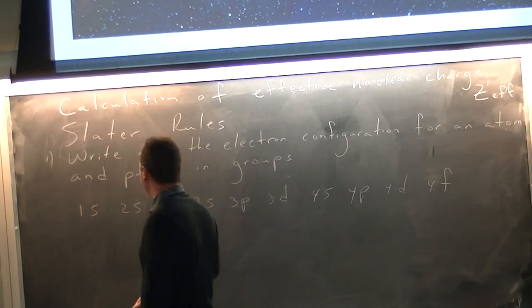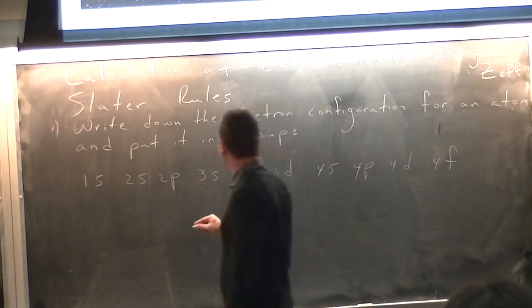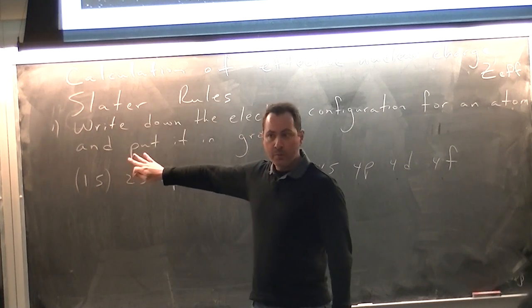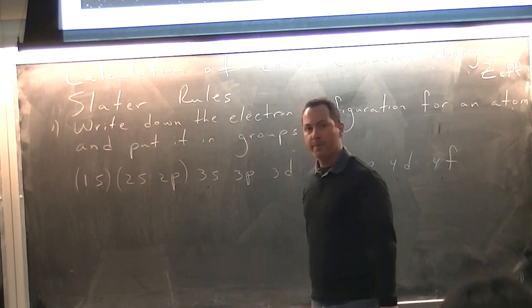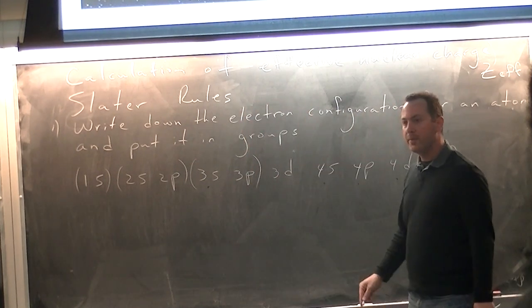So basically, once you write your electronic configuration in this way, you're going to group them. The 1s is its own group, the 2s and the 2p are in one group, the 3s and the 3p are in a different group.